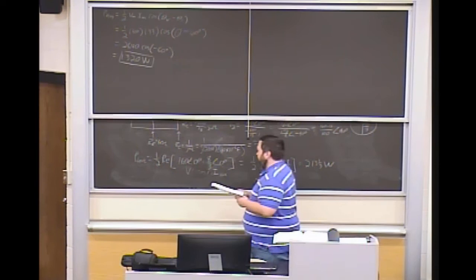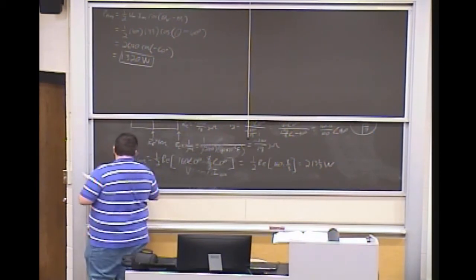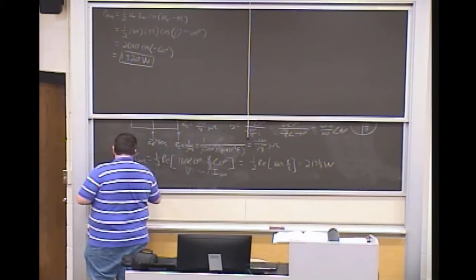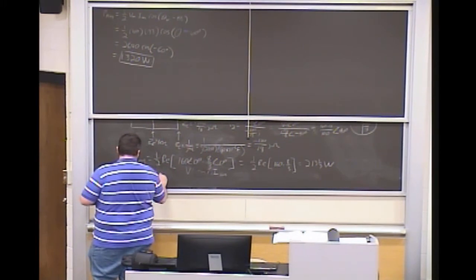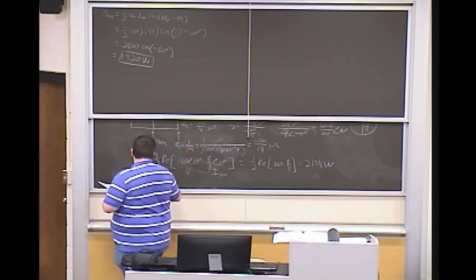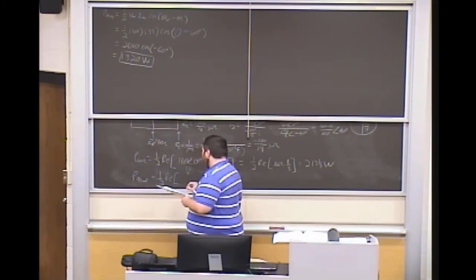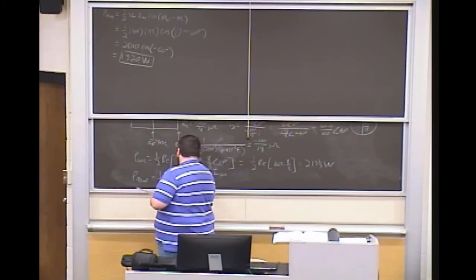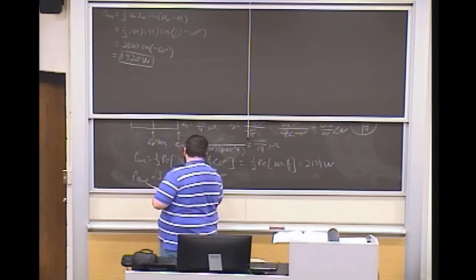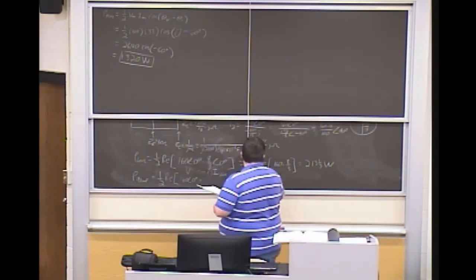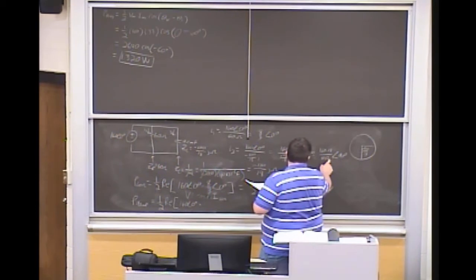Now, the power at the 90 microfarad capacitor, use the same formula, 1/2 of the real part of same voltage, 160 phasor 0, times, let's go back to this.